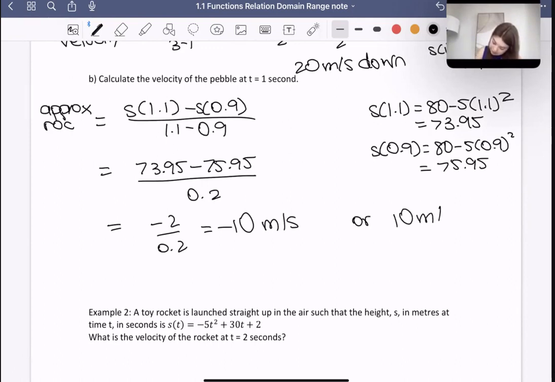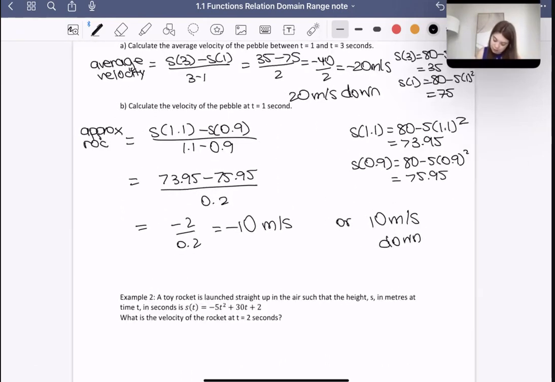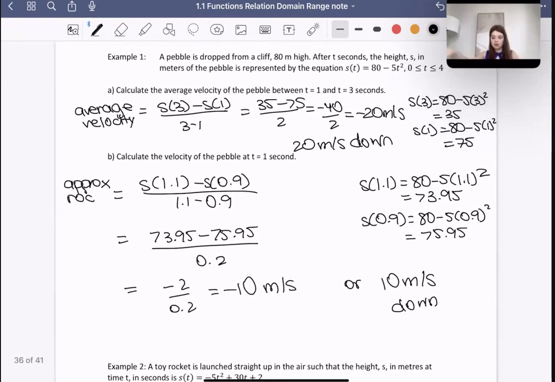10 meters per second down, because in the context of the question, it says a pebble is dropped from a cliff, right? So this pebble is not going up, it's going down. So of course our rates of change are all going to be negative because it's going downward. So that tells us that it's not going as fast at the exact point of 1 as it is from the point of 1 second to 3 seconds, right?